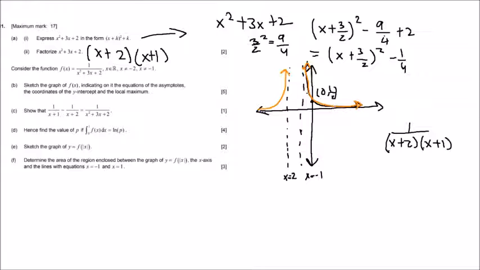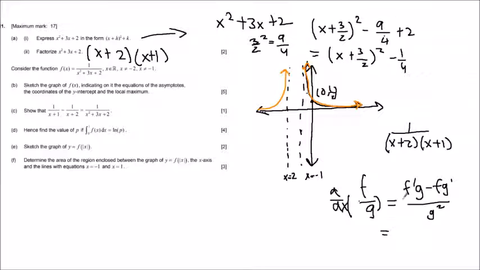We can do our (x plus 2)(x plus 1), and you've got to use the quotient rule. So the derivative of the top function is 0, and it doesn't matter what the bottom is. If it's the derivative of f over g, then it's f prime g minus f g prime, over g squared.